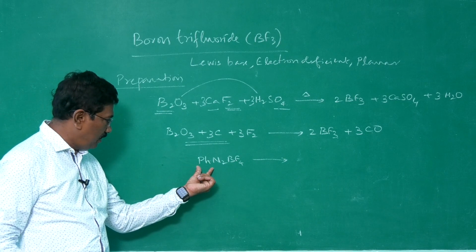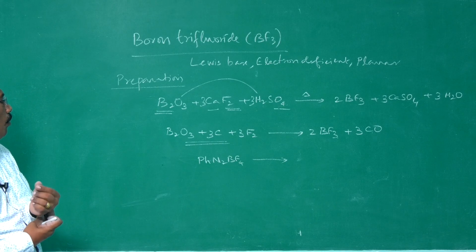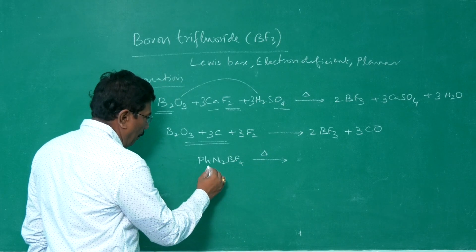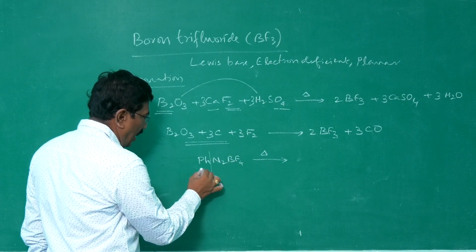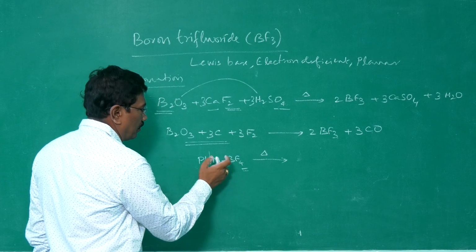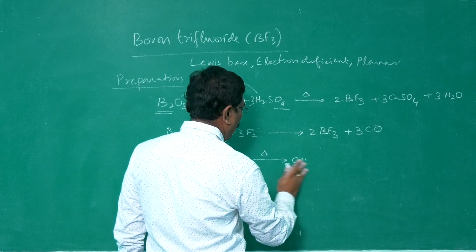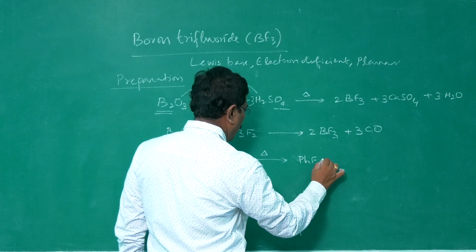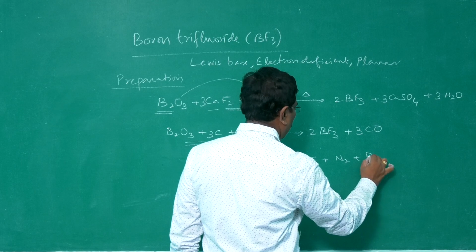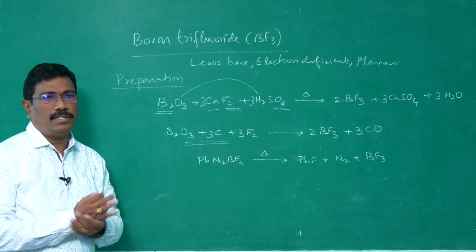Benzene diazonium fluoroborate, when heated, decomposes to form phenyl with one fluorine, C6H5F or PhF, fluorobenzene, N2 and BF3. So, likewise, boron trifluoride can be prepared.